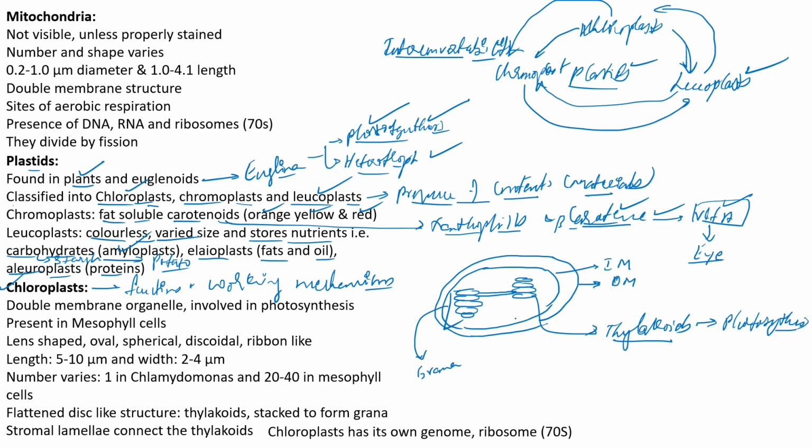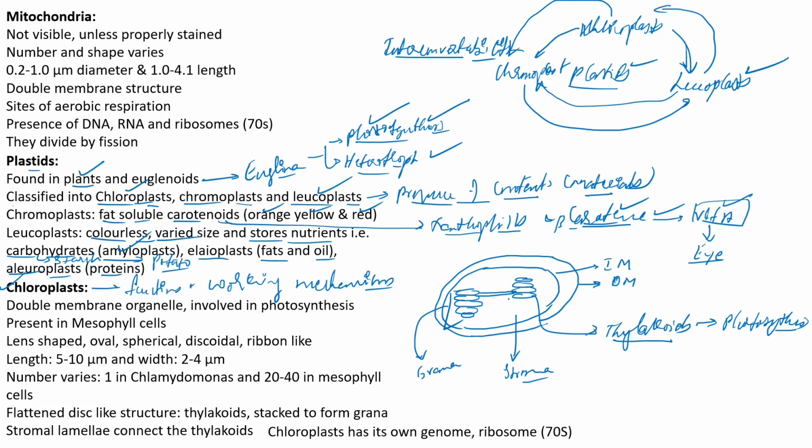And the fluid-filled substance that the inner membrane of the chloroplast completely covers is called the stroma. Stroma is a site for production of carbohydrates, the starch synthesis, the ultimate product of carbon fixation, that is the C3 cycle and C4 cycle. Starch is mainly produced in the stroma of the chloroplast in the leaves.